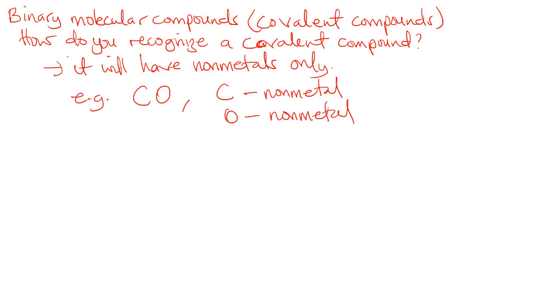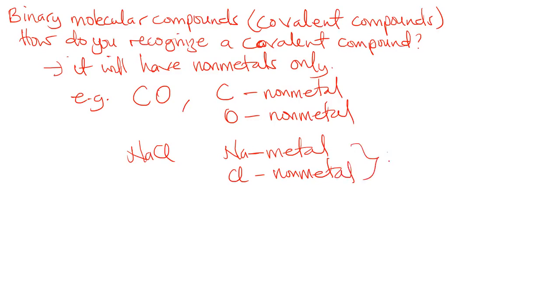Now when it contains a metal and a non-metal, then it is ionic. For example, if we say NaCl, Na is a metal and Cl is a non-metal.